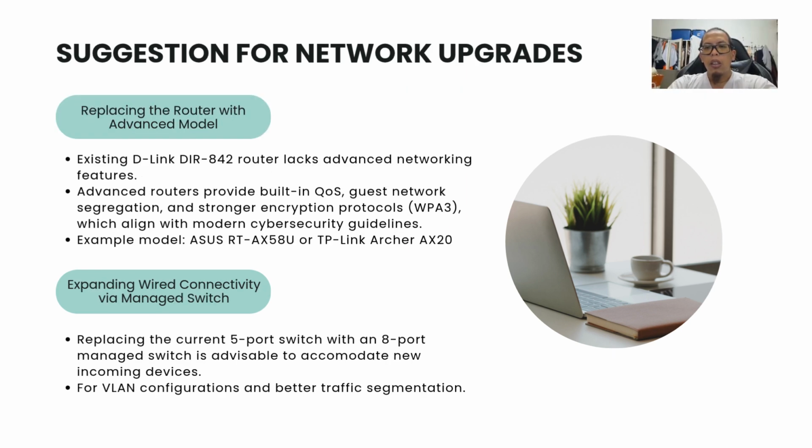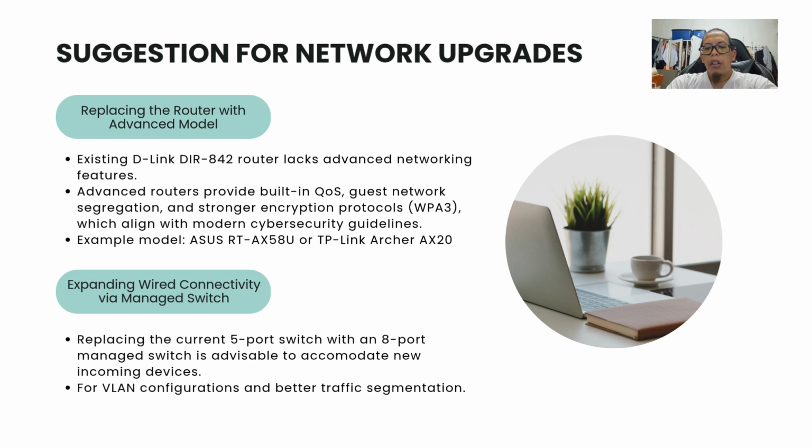So the third suggestion for network upgrade is replacing the router with an advanced model. My existing D-Link DIR-842 router lacks advanced networking features because this is only a basic router setup.